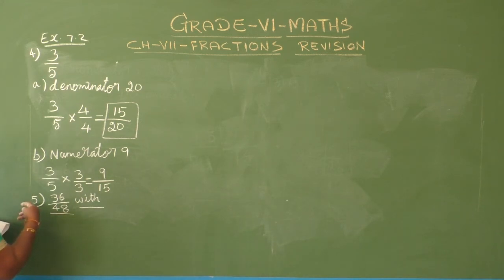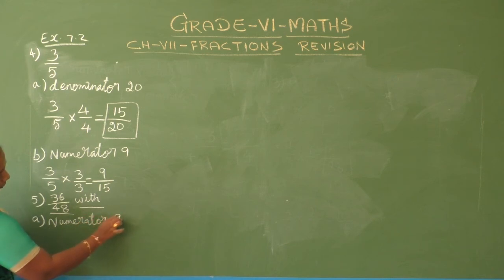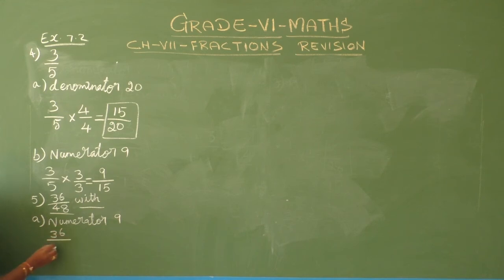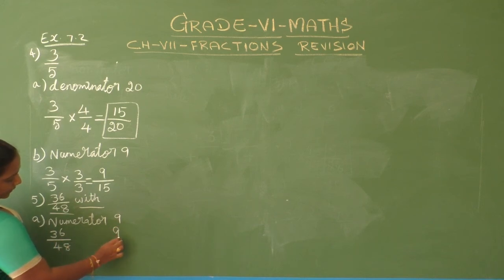See the first one, A1. They gave the numerator is 9. Right. Listen. The question is 36 by 48. On the right side they gave the numerator is 9. The denominator we are going to find out.